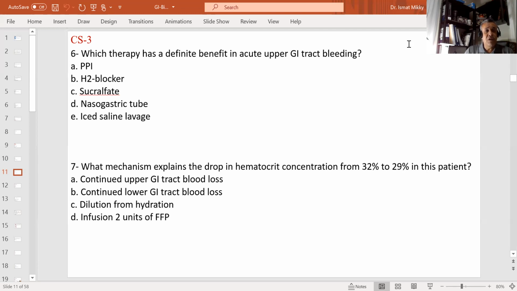So to differentiate the melena or the black stool from the upper GI from the lower GI.